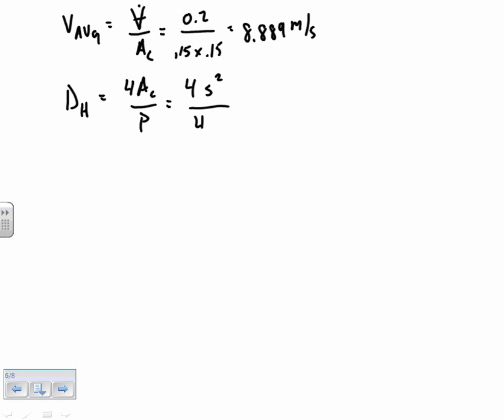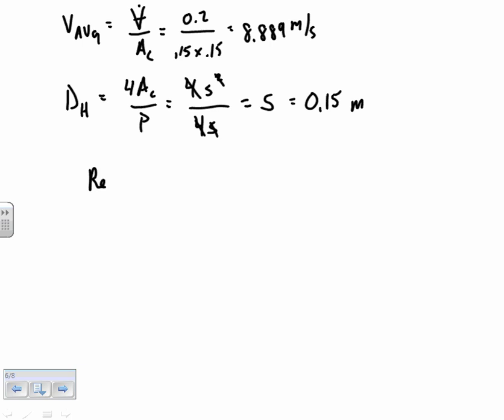The perimeter of the square is just 4 times one of the lengths of the sides. So now we see that my hydraulic diameter becomes very easy. The 4's cancel, one of the sides cancels from the top, and I'm left with the hydraulic diameter is just equal to one of the sides of a square. All right. So that is then equal to 0.15, right? One of the sides is 0.15 meters.